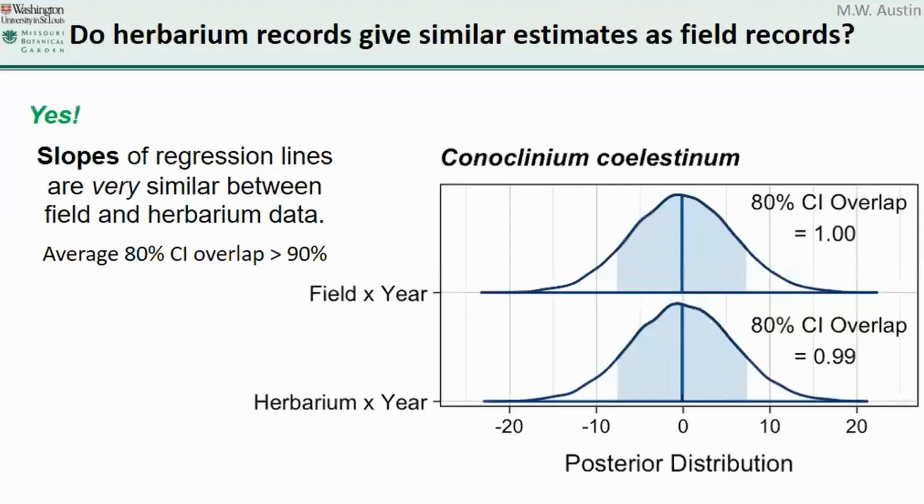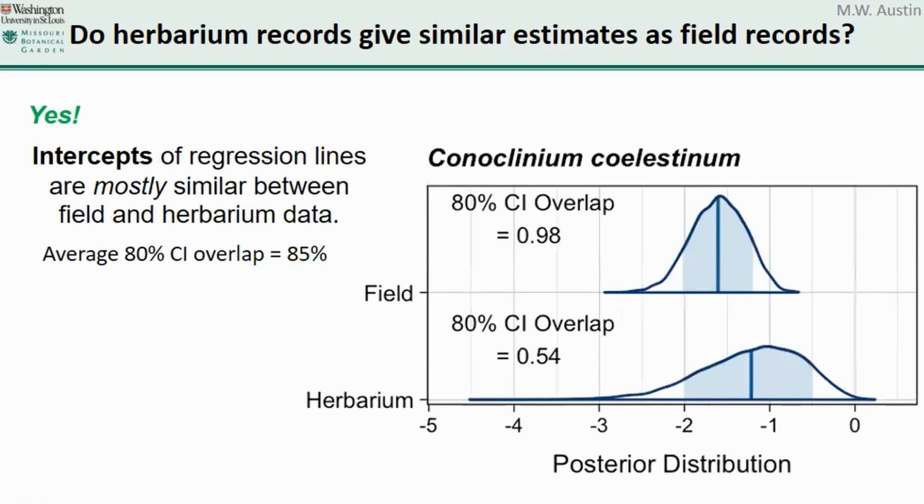And I find that there is remarkable overlap in the estimates derived from herbarium data and estimates derived from field data. So specifically, if we compare the posterior distribution in estimates of the slope of changes to the beginning of flowering and the ending of flowering for every species in our data set, I find remarkable overlap of estimates of the slope, where there's more than 90% overlap of the 80% credible intervals for the slopes.